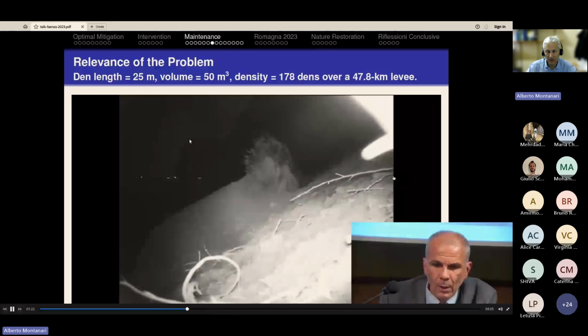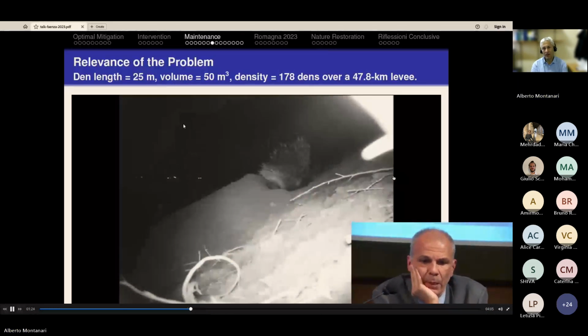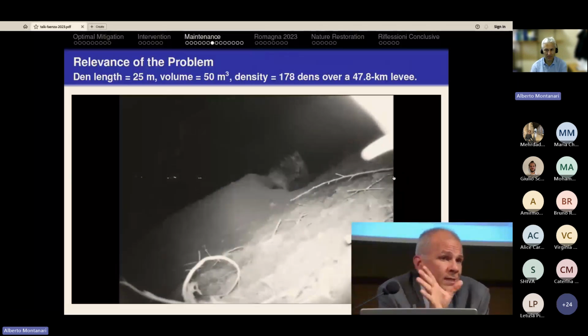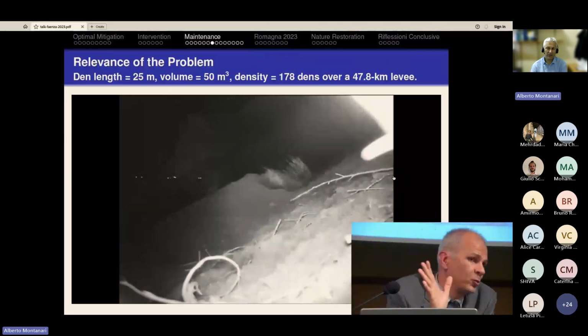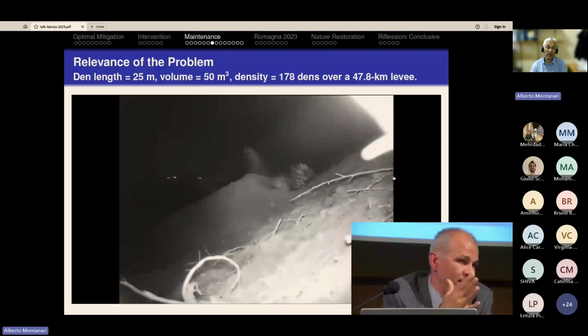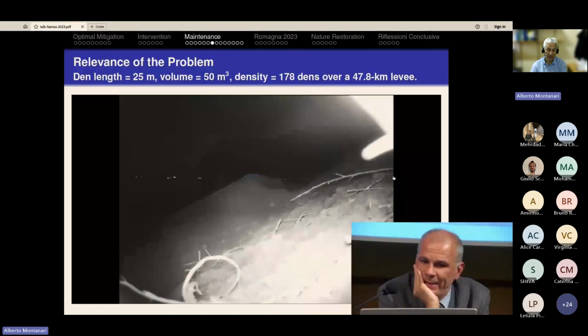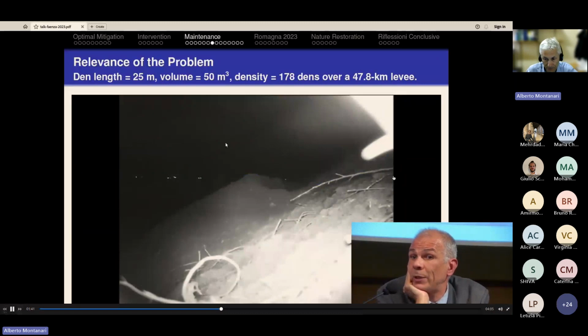Here it is, the excavation. And you see, it's impressive. It impresses what the animal does. Basically, in one night, we had an experience that the tunnels were filled up with solid material one day.